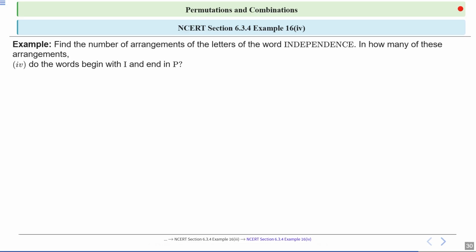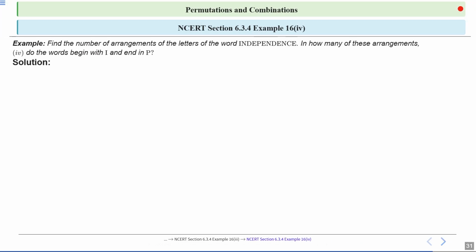Now, let's start the solution of the third part. So let us fix I at the left end and P at the right end. So we are left with 10 letters.